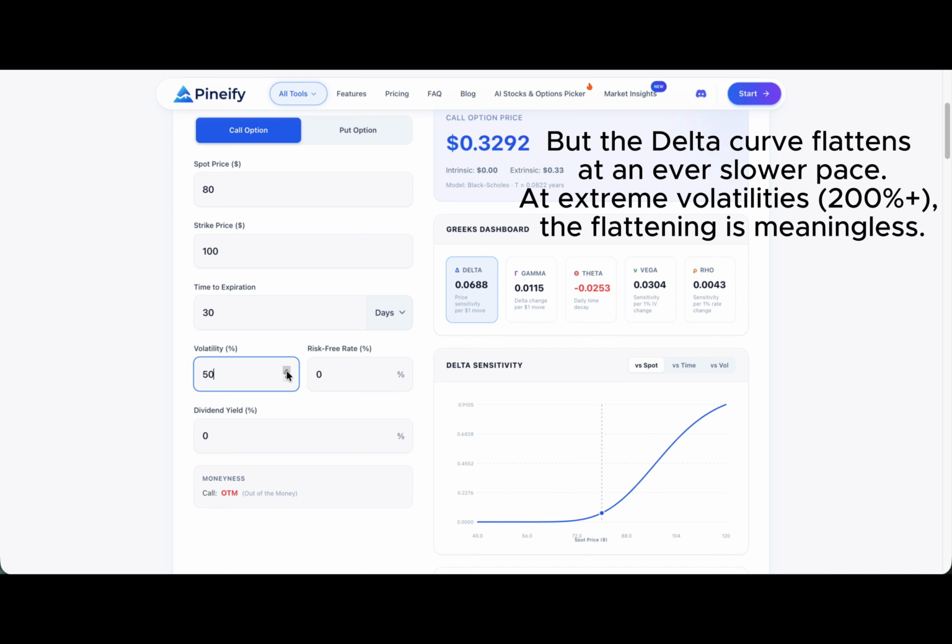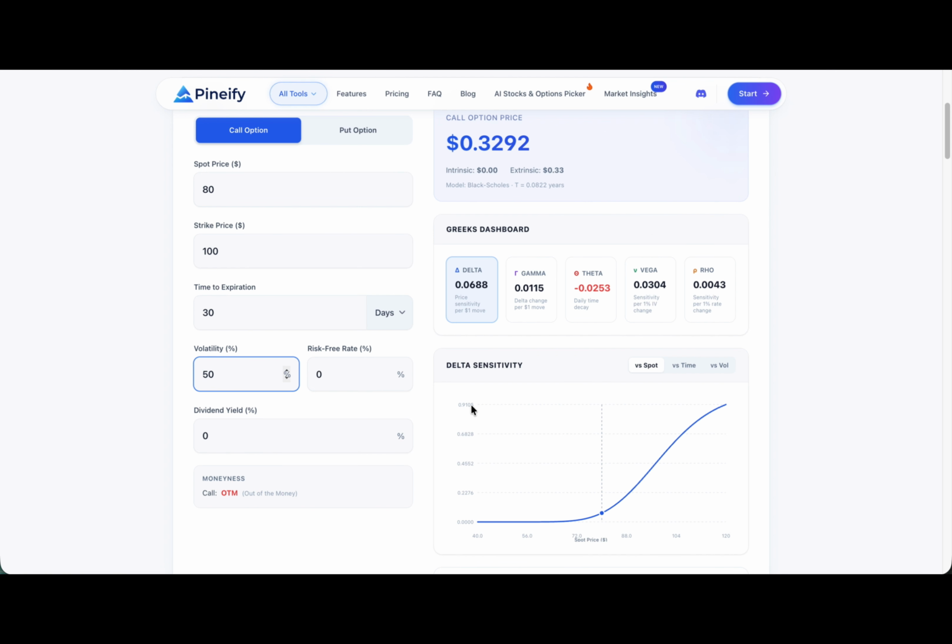So you see that the option at this point is 20% out of the money, but it's very far from dead. The price of the option changes even with slight changes in the stock.